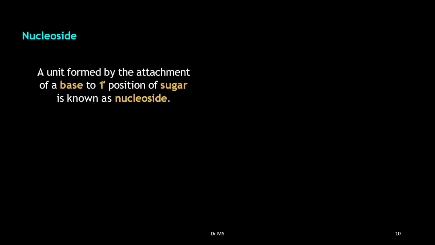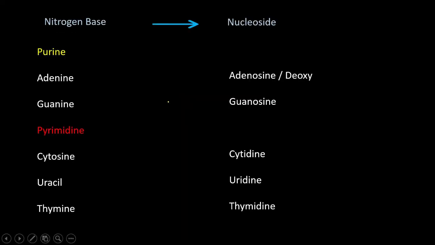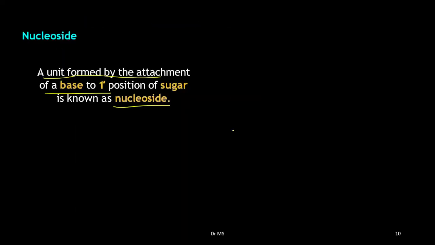So nucleoside. So what is this nucleoside? A unit formed by the attachment of a base to the first position of the sugar is known as the nucleoside. Suppose if you see here, the pentose sugar is there. If this pentose sugar is attached to the bases, then we can call it the nucleoside.